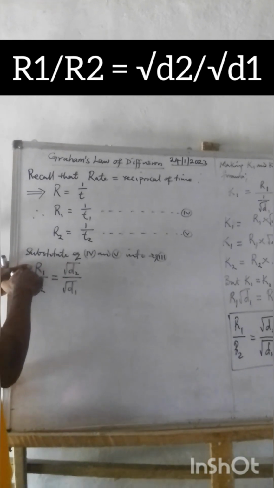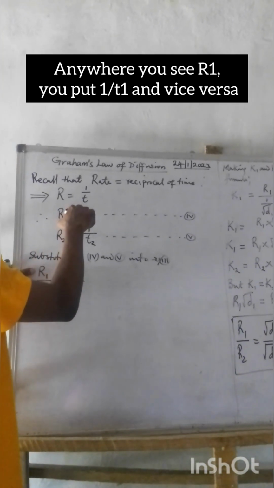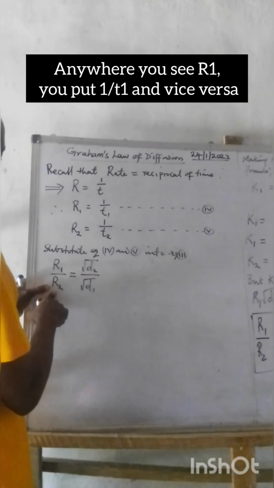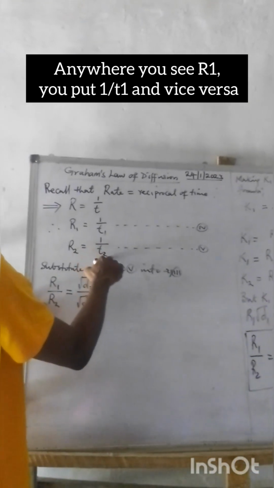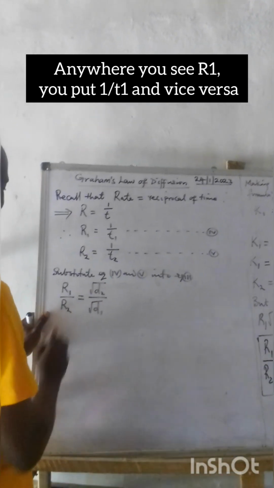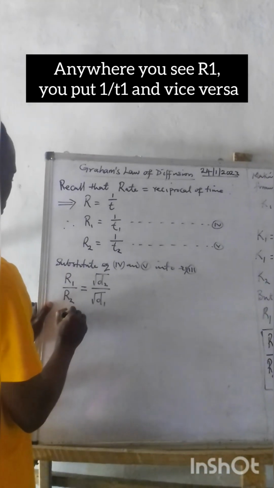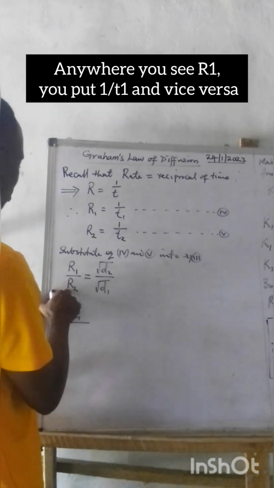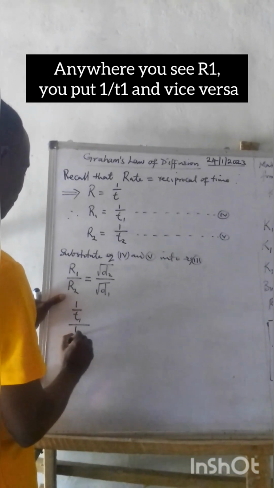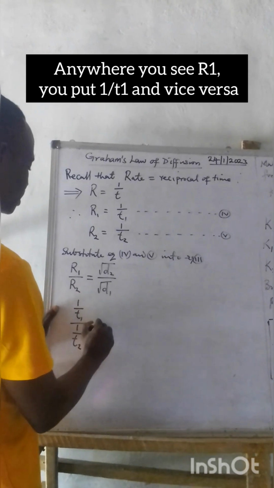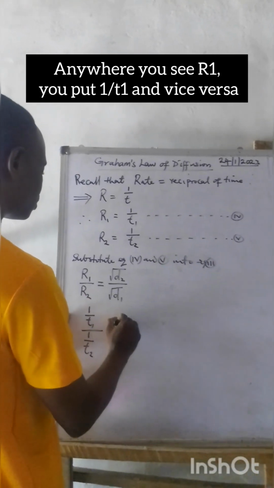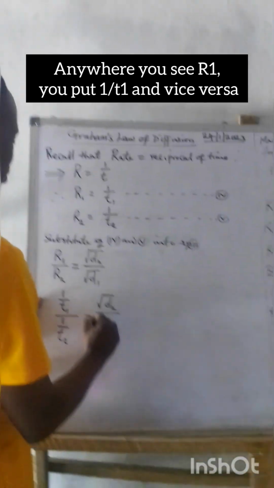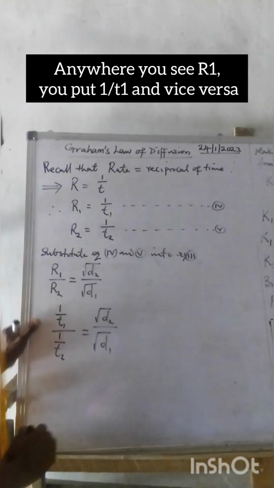Now, anywhere you see R1, you put 1 over T1. And anywhere you see R2, you put 1 over T2. Now, let's go. R1 means 1 over T1 all over R2, which is 1 over T2. It is equal to square root of D2 divided by square root of D1.